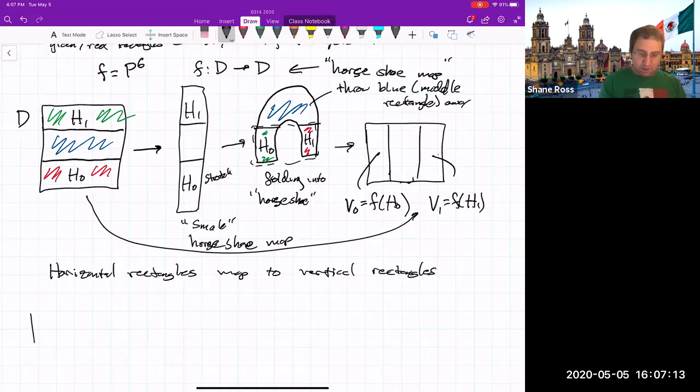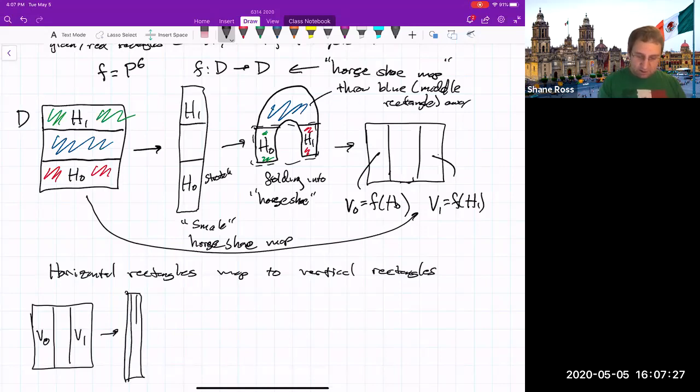Second iterate of the map means that now we've already got these vertical rectangles, V0 and V1. And then we stretch, try to stretch, and then fold back and intersect. I think we can see what's going on. This is V0, this is V1.